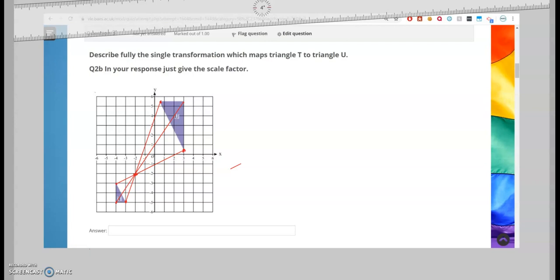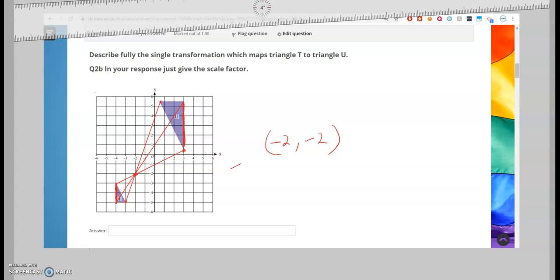So the point -2, -2. And in terms of the scale factor, what we can see is that this length here, for example, is represented here.